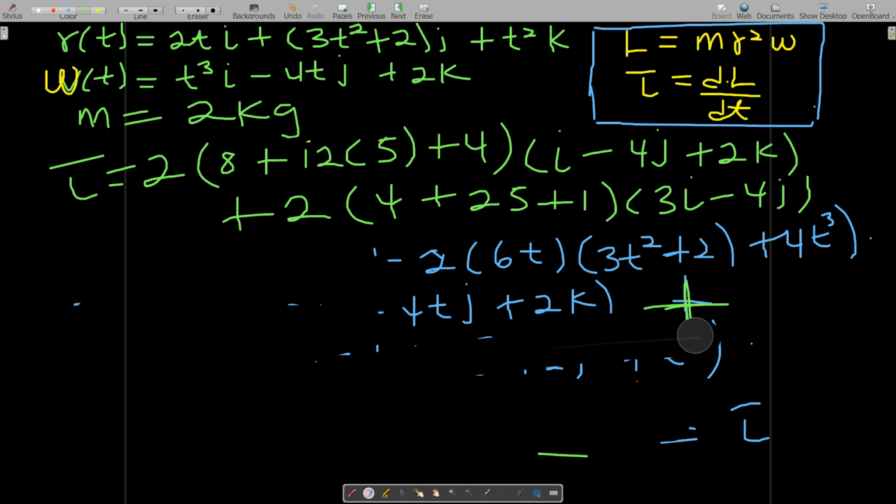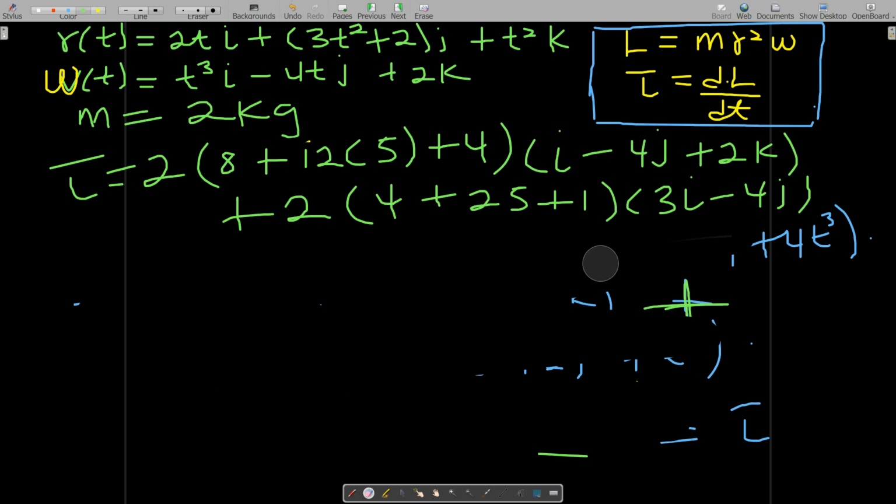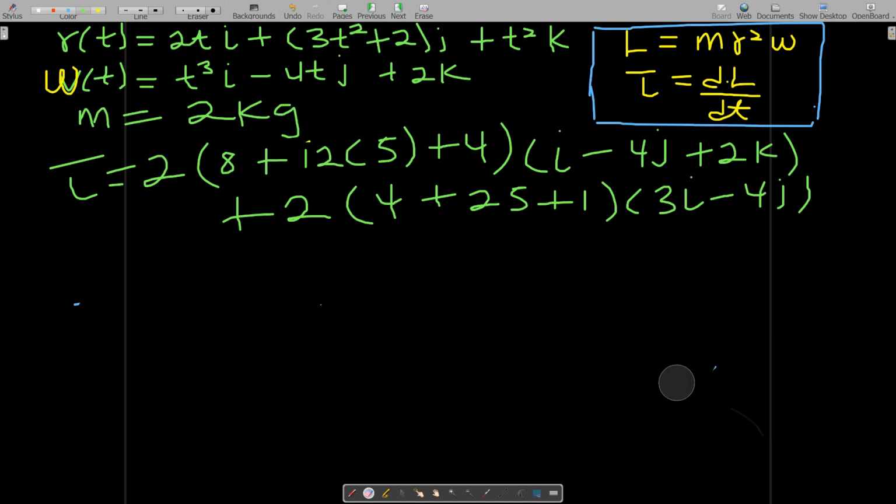And with this, I believe our simplification is becoming simpler and simpler, because it has been reduced from the huge variables to this. So torque is equal to 2 into, now I have 8 plus 12 times 5 plus 4, and that will give me 72.